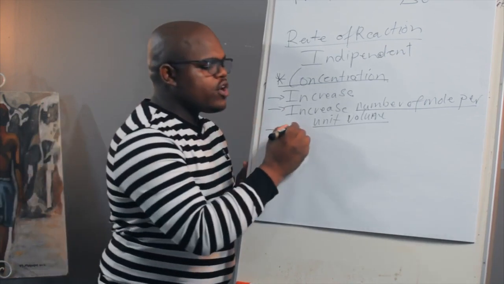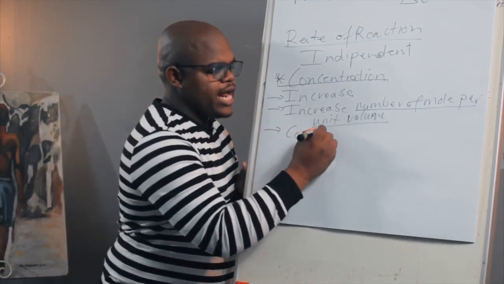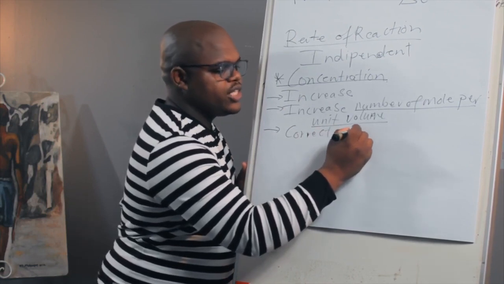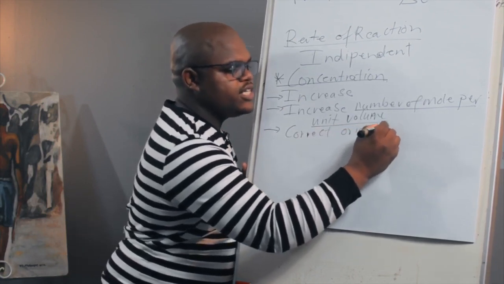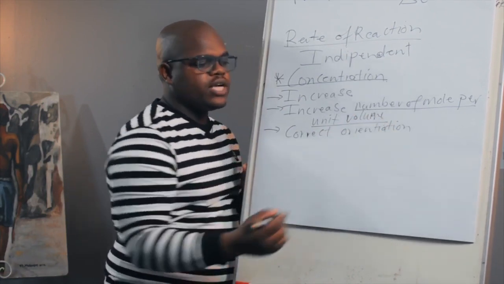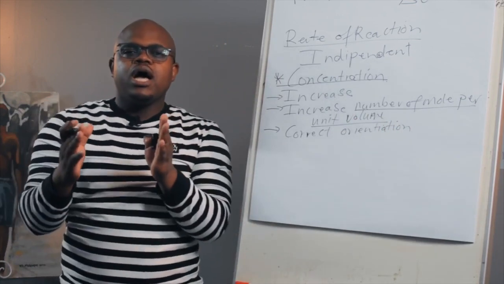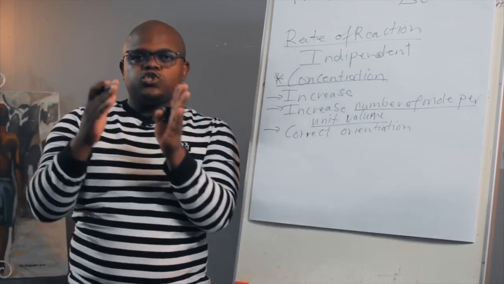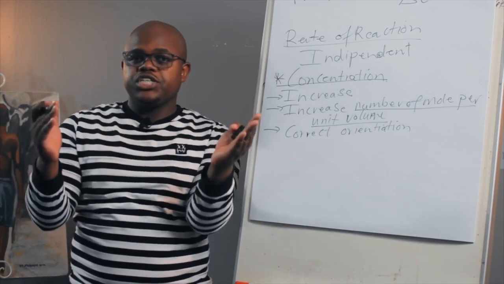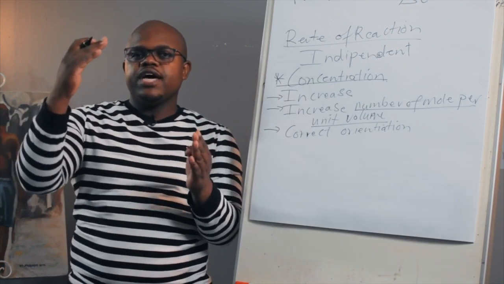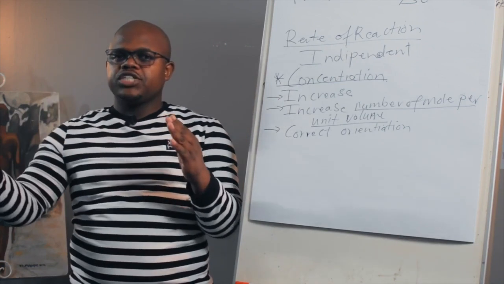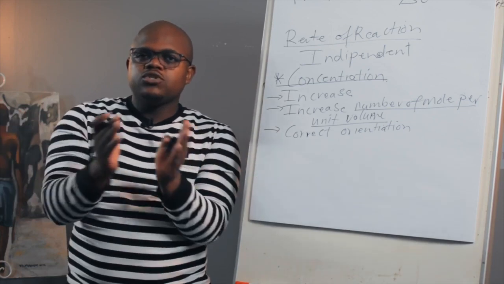There will be a correct orientation. Now, what is correct orientation? It's when we are aligning the particles to collide with each other, okay? So let's say we have H2O. If H collides with H, that's not water.